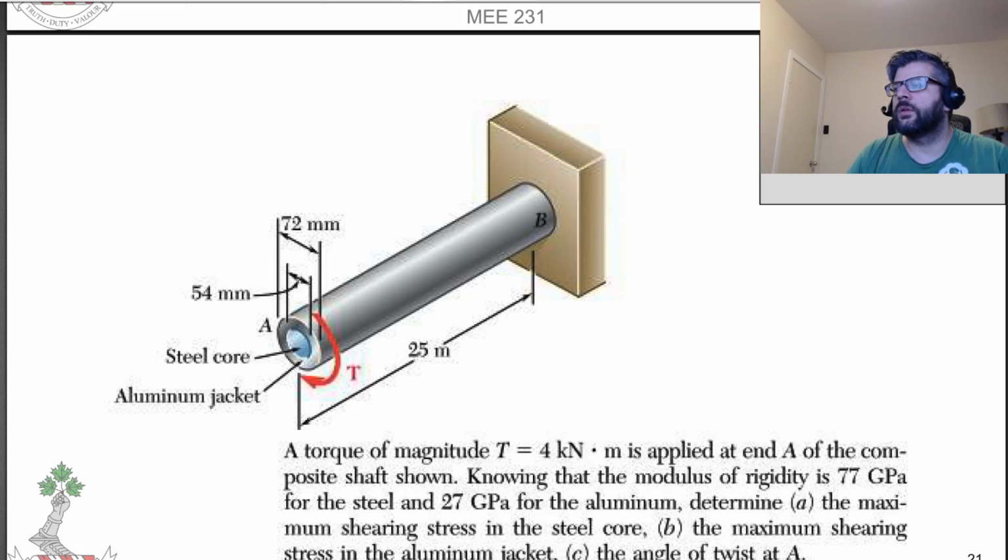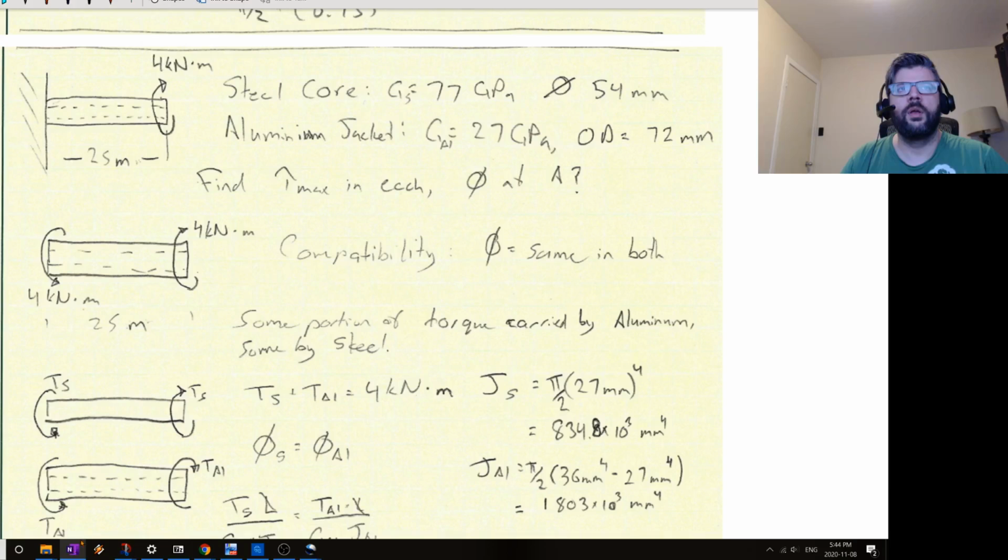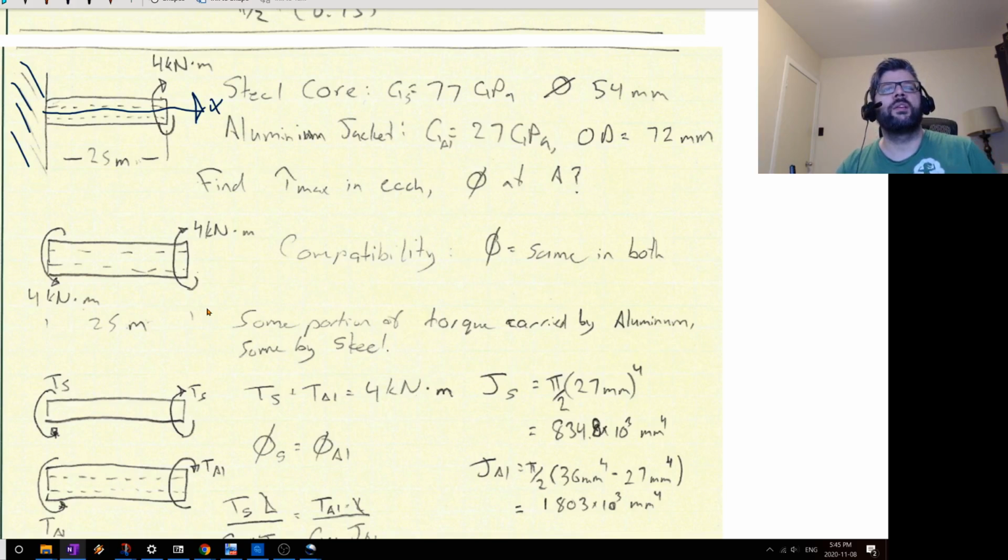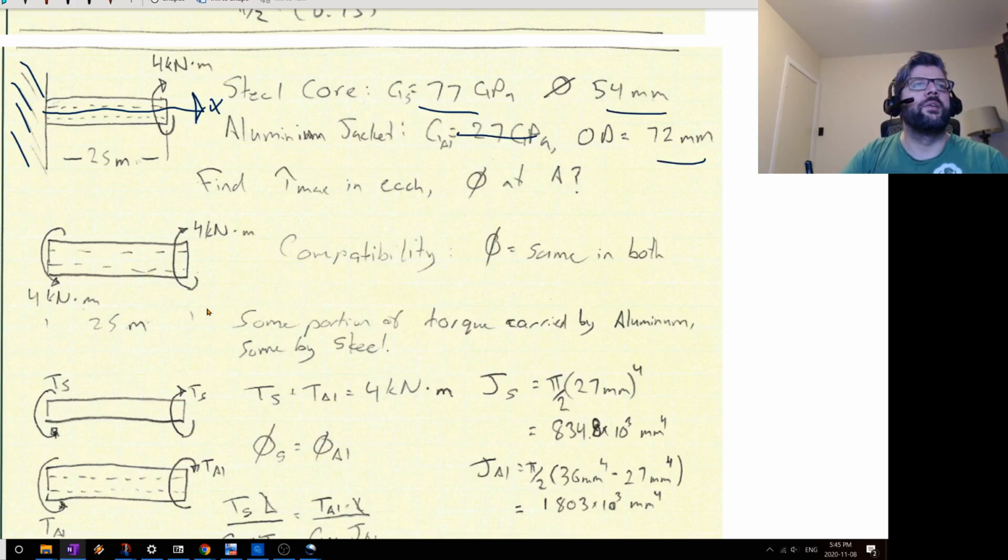So, going over here, again, I like to put my wall at the x origin. The x-axis goes this way. It's a 25-meter long section. And again, I'm just restating the values that we had, restating our problem.